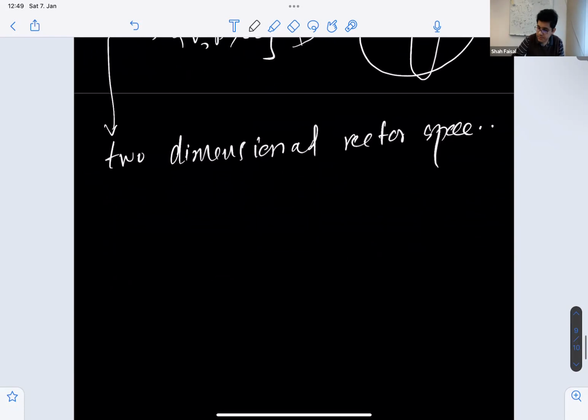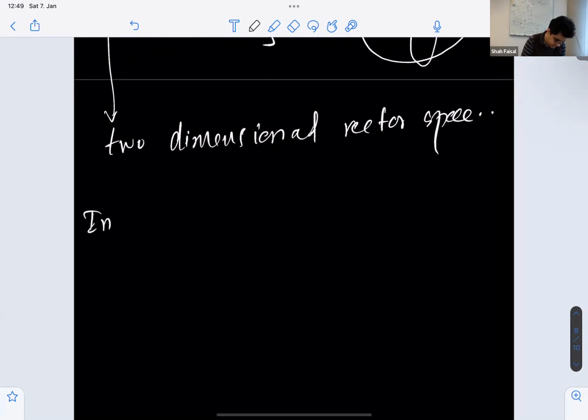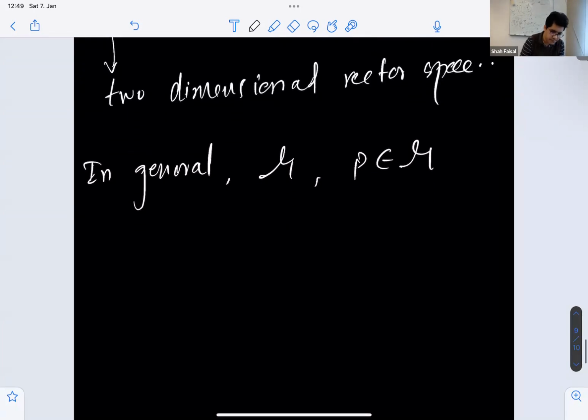For a general manifold, you can do the same. So in general, if you have a manifold M and a point P, then the tangent space of M at the point P is basically the set of all tangent vectors.